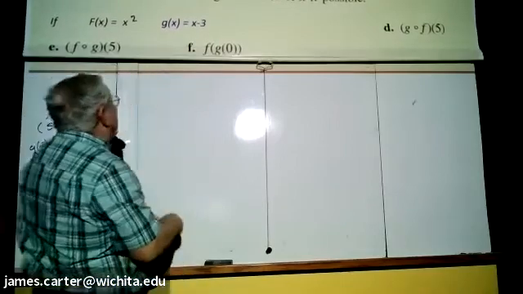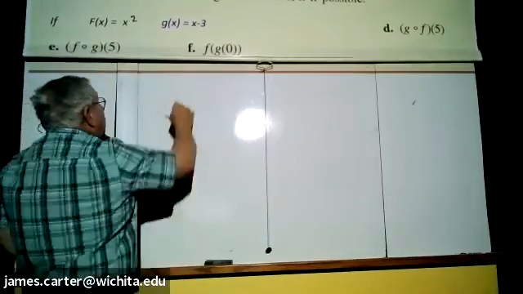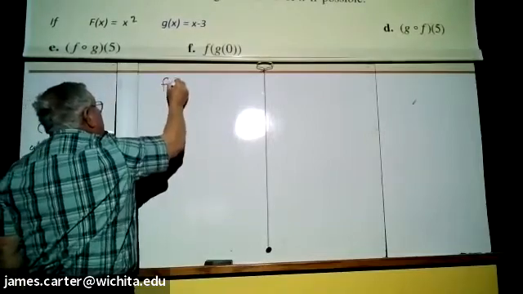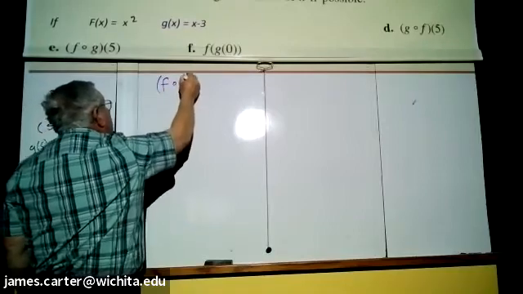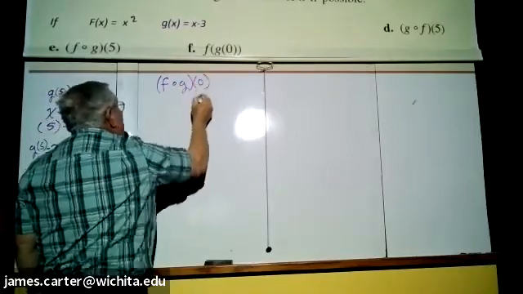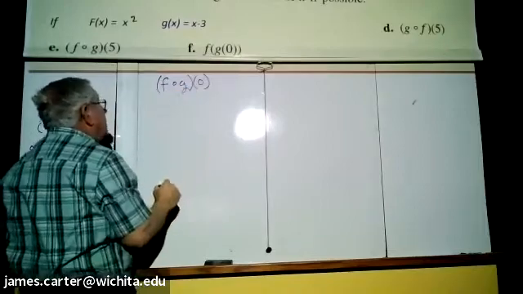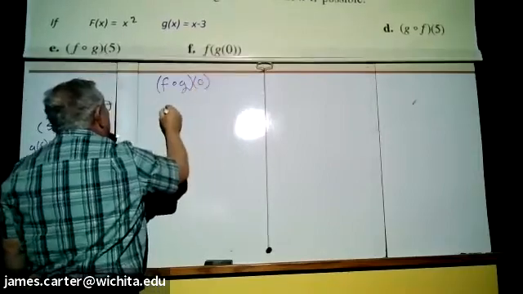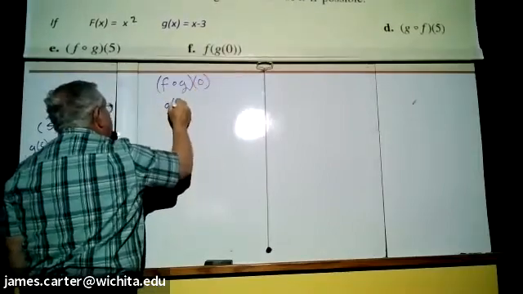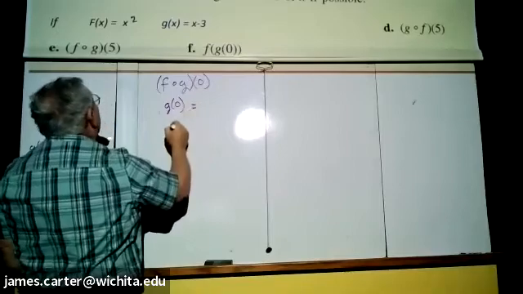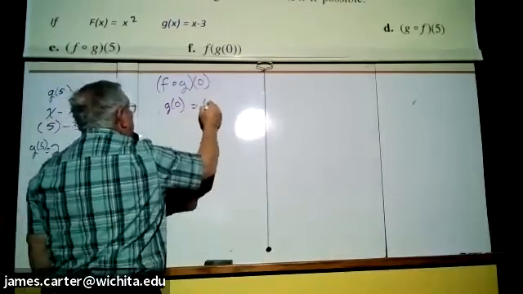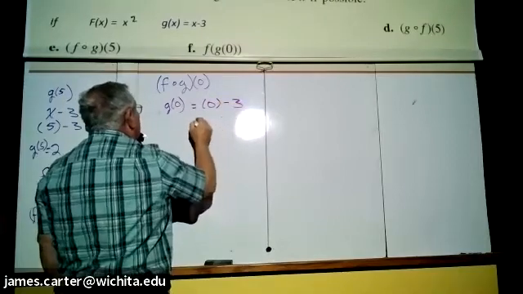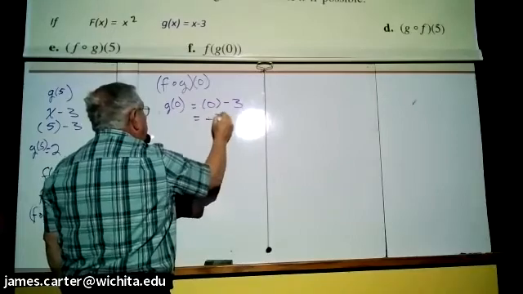Okay, let's go to this problem. This is just another way of writing f compose g of 0. This and that mean the same thing. They're just telling you, okay, we got to find g of 0. So g of 0 would be 0 minus 3, which is equal to -3.